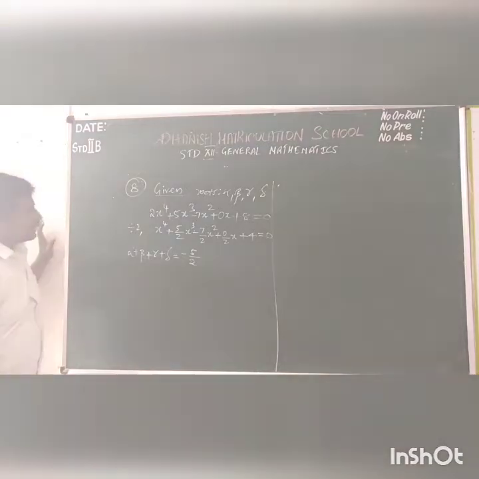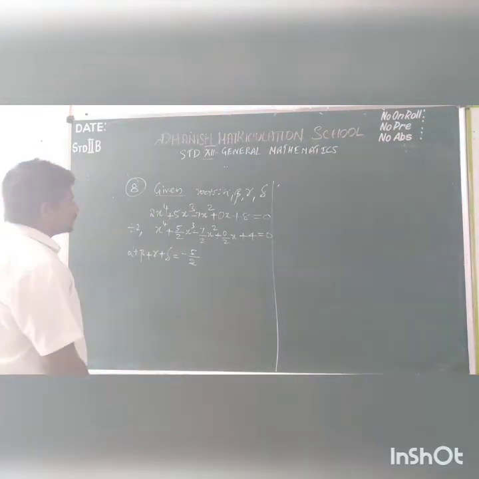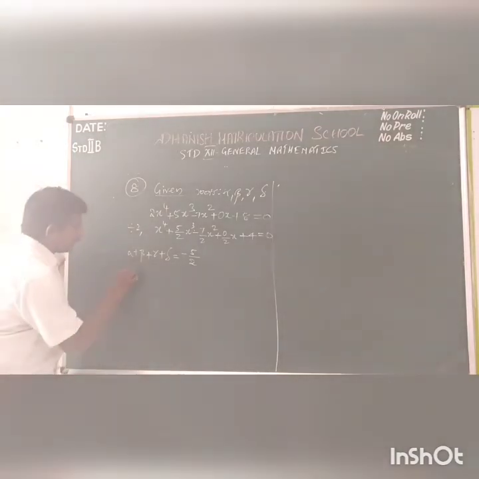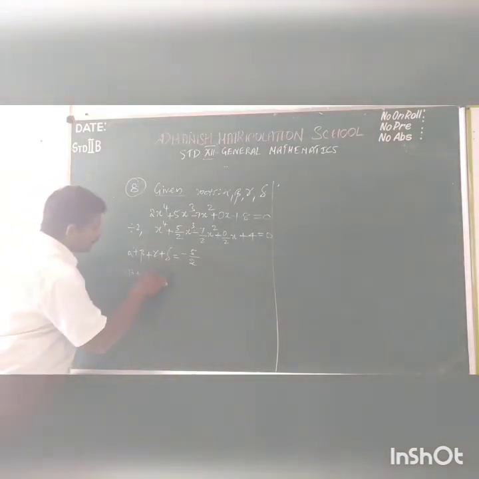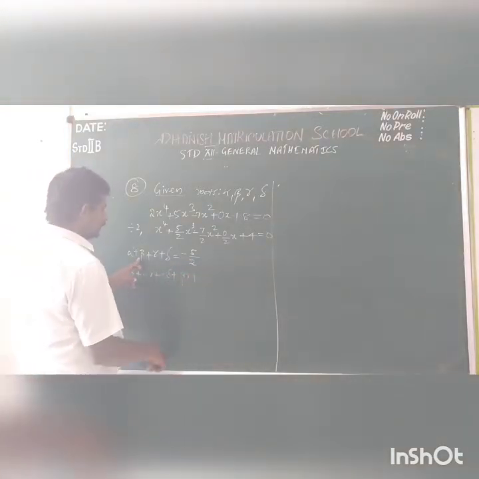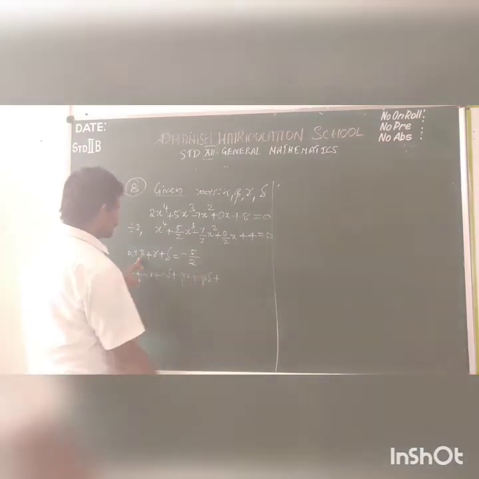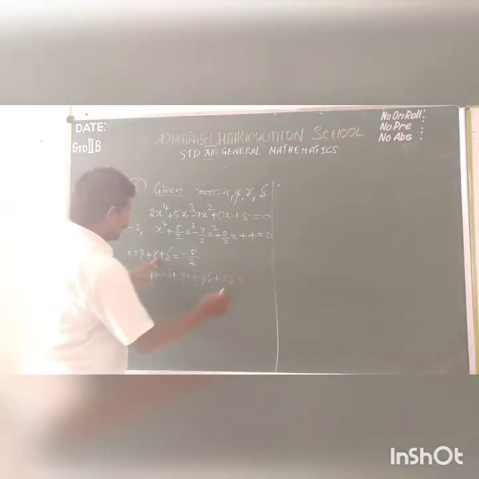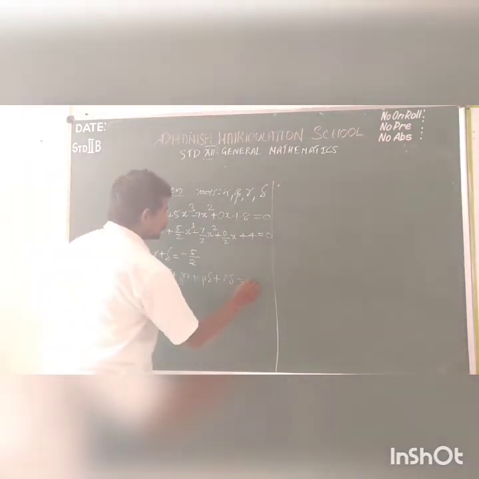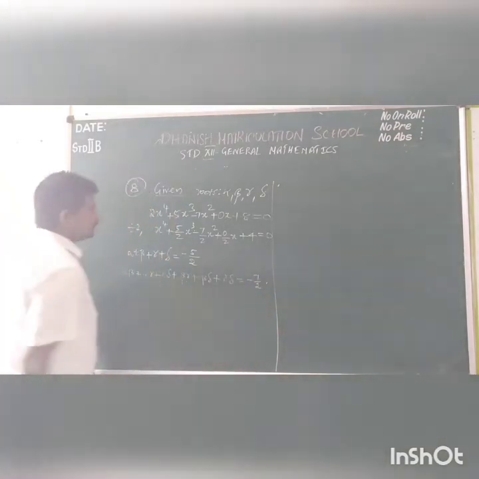And then the sum of products of the roots taken two at a time: alpha beta plus alpha gamma plus alpha delta plus beta gamma plus beta delta plus gamma delta. We will have 6 terms. This will be minus 7 by 2.